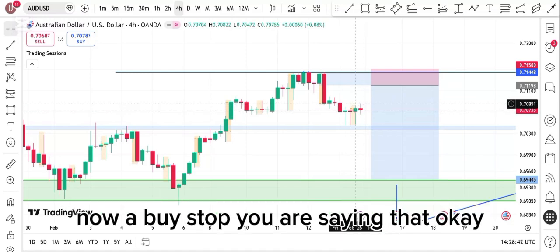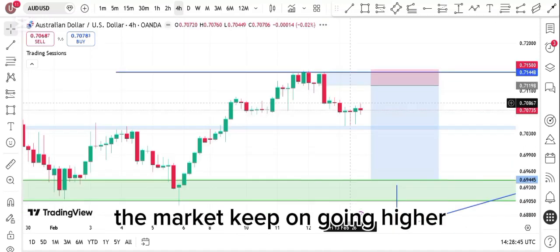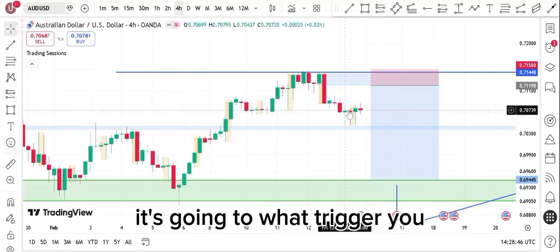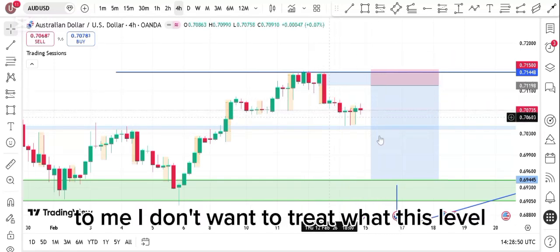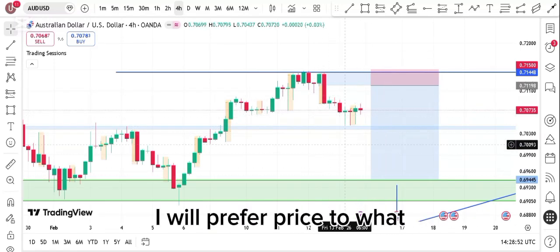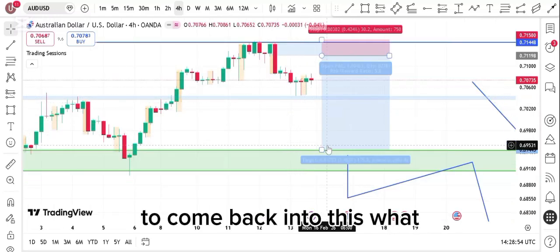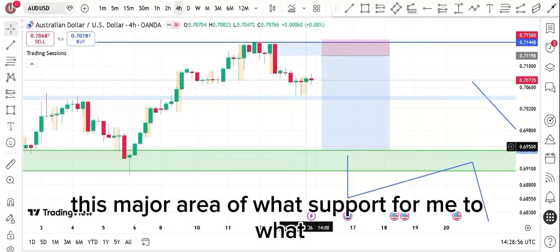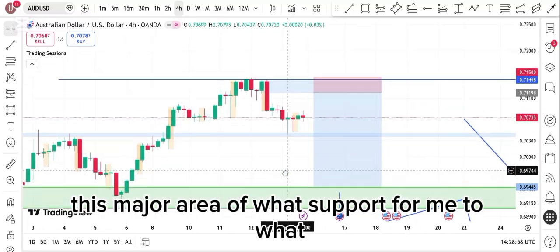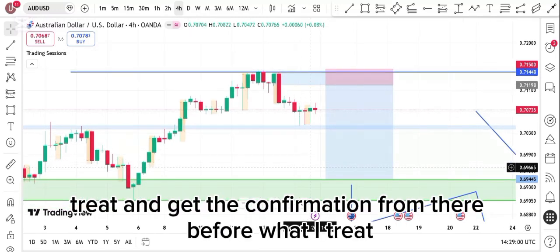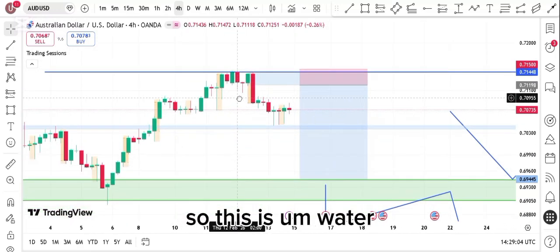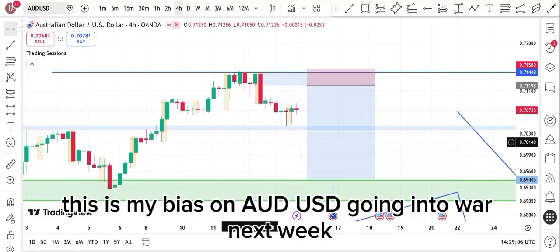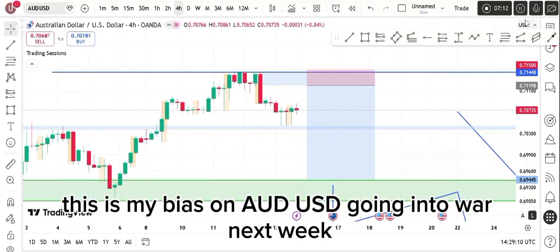With a buy stop, you are saying that the market keeps going higher and it's going to trigger you. But to me, I don't want to trade this level. I would prefer price to come back into this major support area for me to trade and get the confirmation from there before I trade. So this is my bias on AUD USD going into next week.